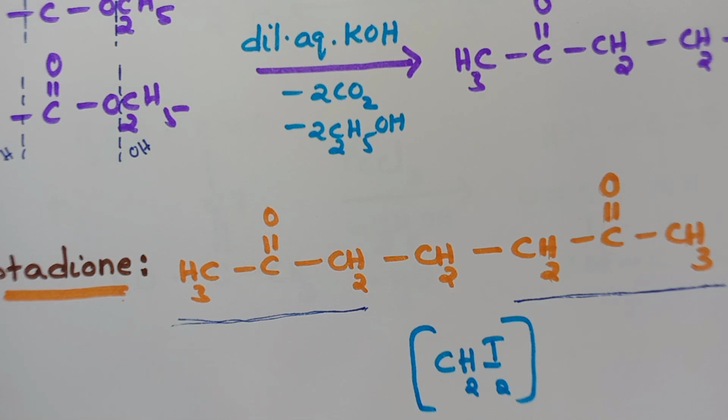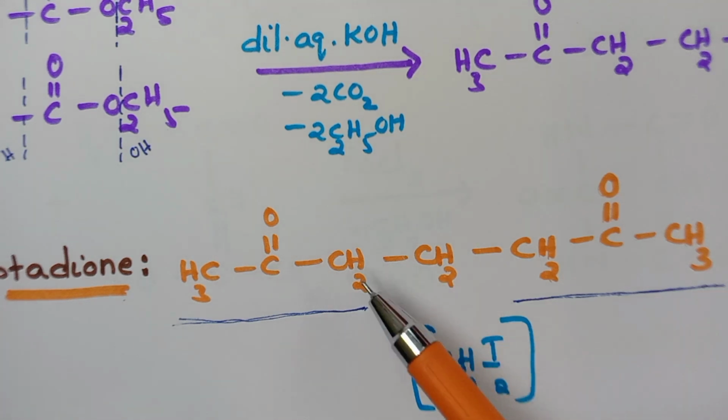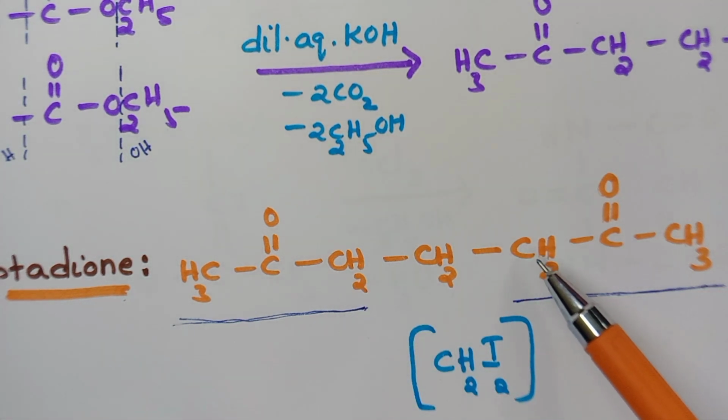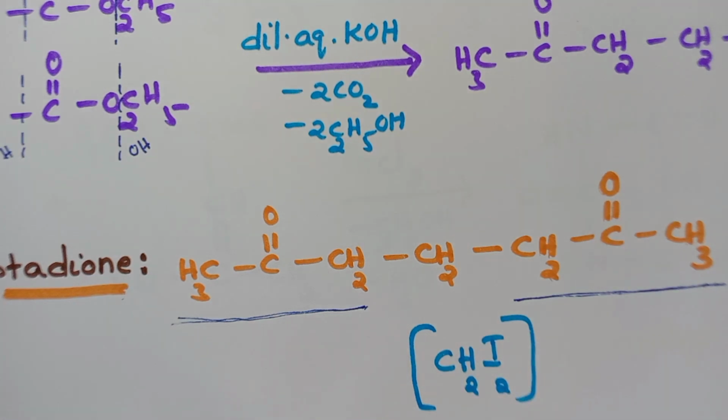After NaOC2H5, we are supposed to add methylene iodide. Then 2 Na and 2 I will be removed and this CH2 group will be joined in between this carbon and this carbon. Please try, students. I request you to do it so that it will be very easy for you to learn the preparation of diketones.